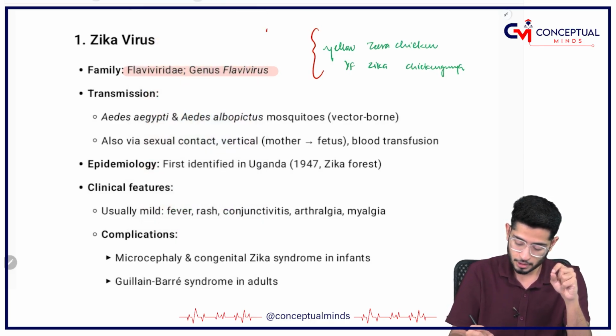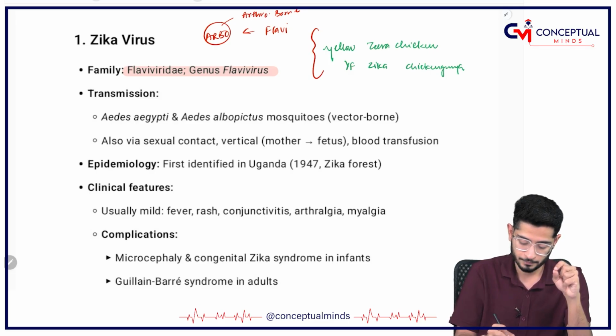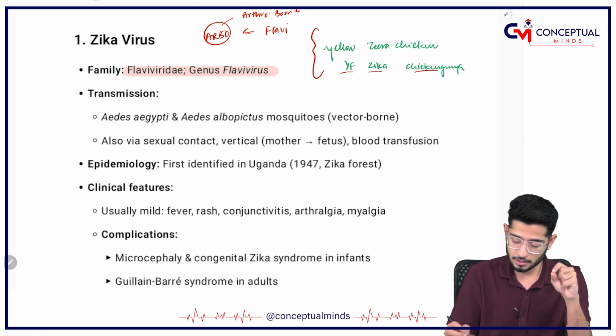And Flaviviridae belongs to Arboviridae, and Arbo means arthropod borne. So that's why all of them, yellow fever, Zika and chikungunya, are transmitted by Aedes mosquito.